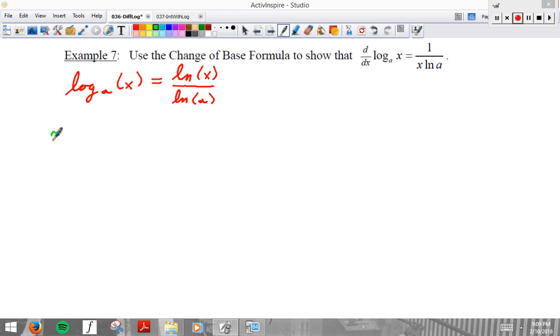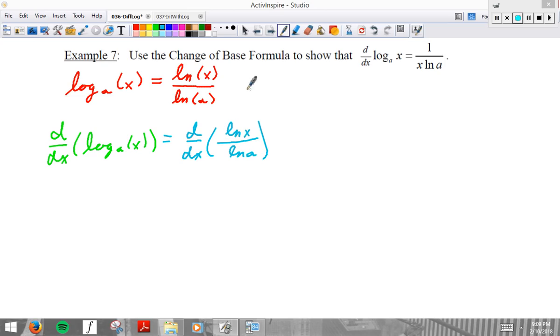All right, so the derivative of the left-hand side, what we're trying to figure out, would be the same as the derivative of the right-hand side. Hopefully something easier, right? That would be the idea.